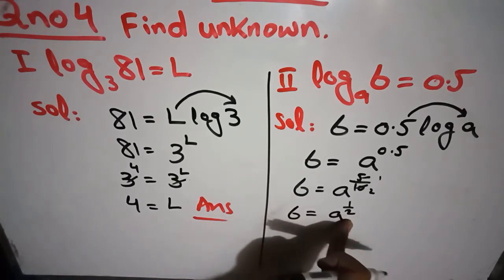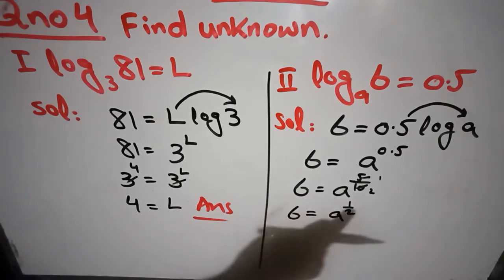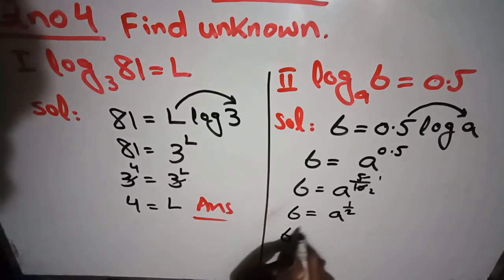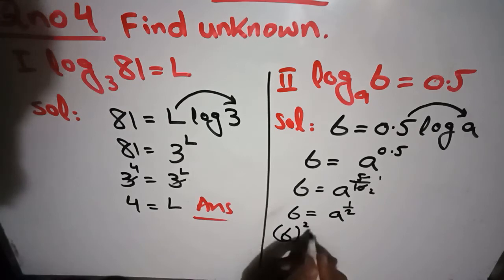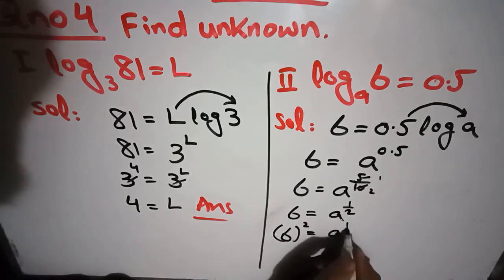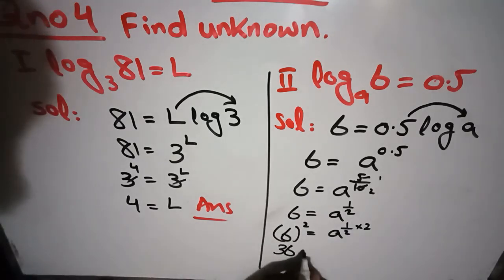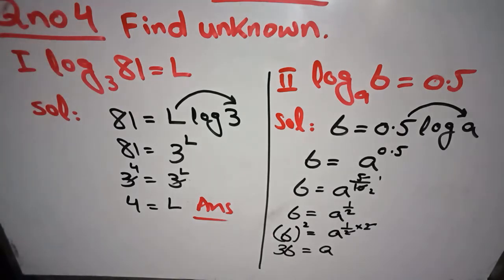With what do you cut this power? Take the square on both sides. The square of this side will become 36 and this power will be cut, leaving a. So it is the answer. It is very simple.